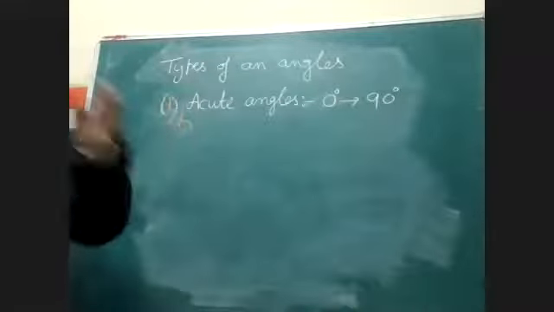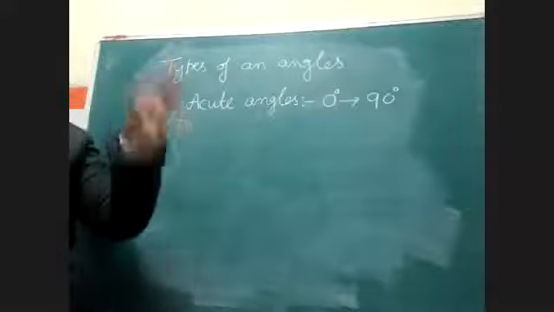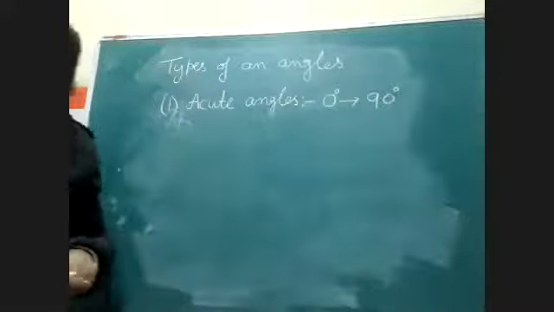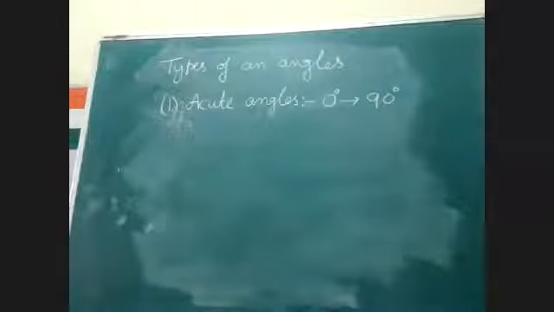Acute angles are those angles whose measure is more than 0 but less than 90. These angles are acute angles.